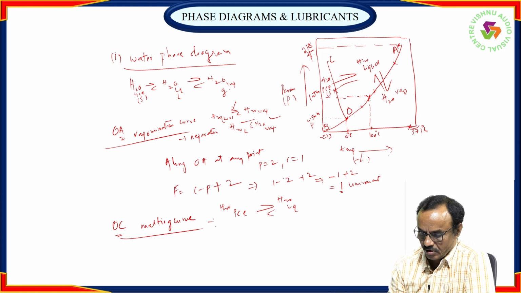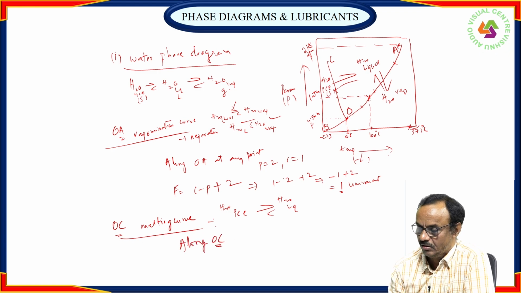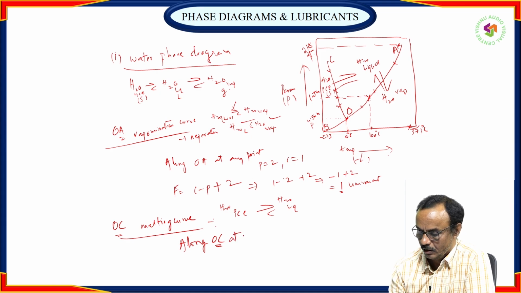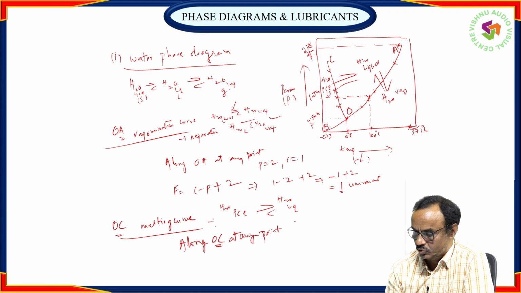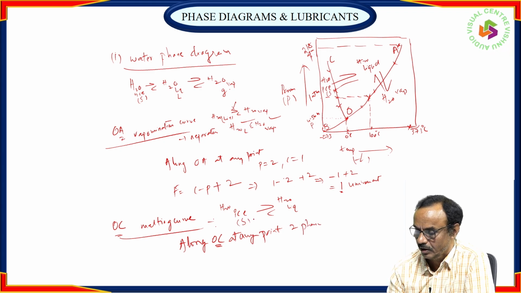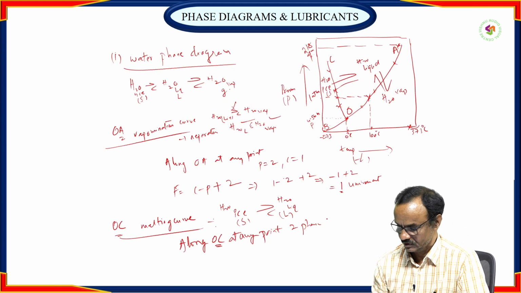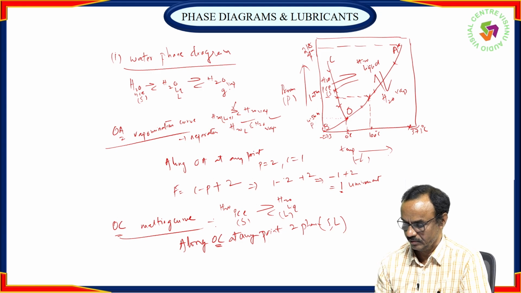You can write like this: along the OC curve at any point, these two phases, solid and liquid, are in dynamic equilibrium.